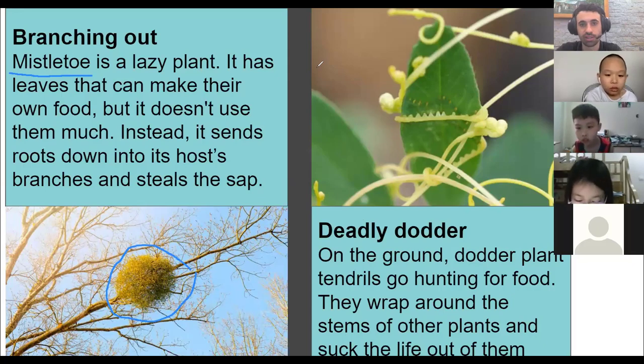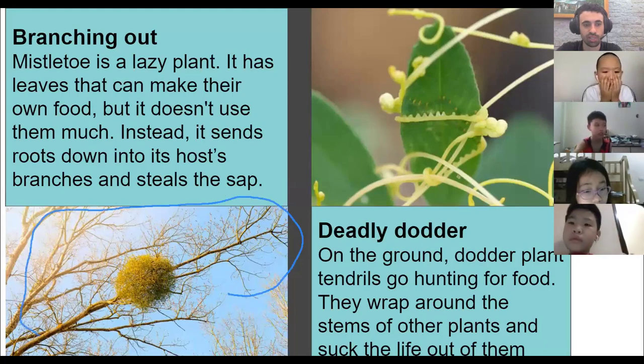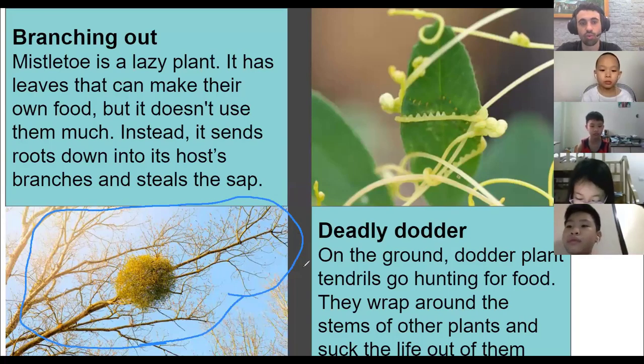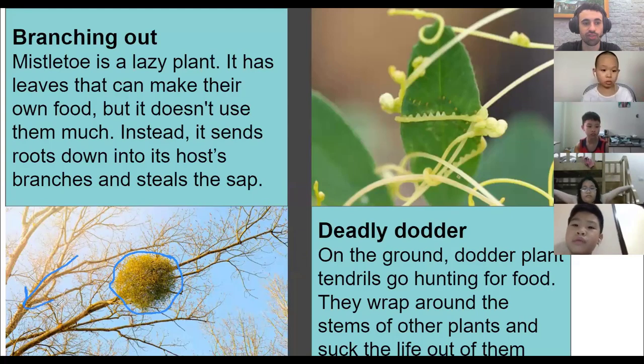One thing I would like you to notice is this tree has no leaves, which means it's either fall, winter, or very early spring. One of the problems with this plant is it will steal all the nutrients throughout the winter and sometimes will kill the tree because the tree runs out of food, which isn't good.